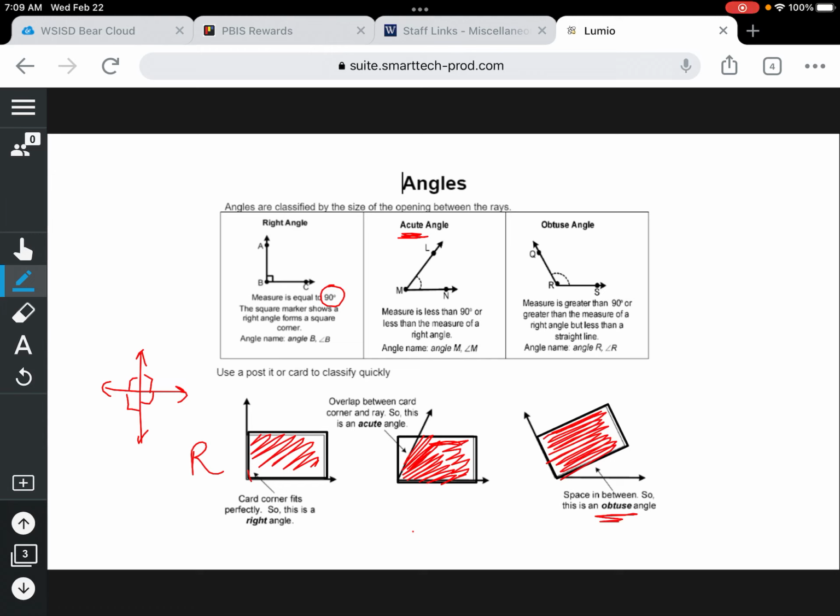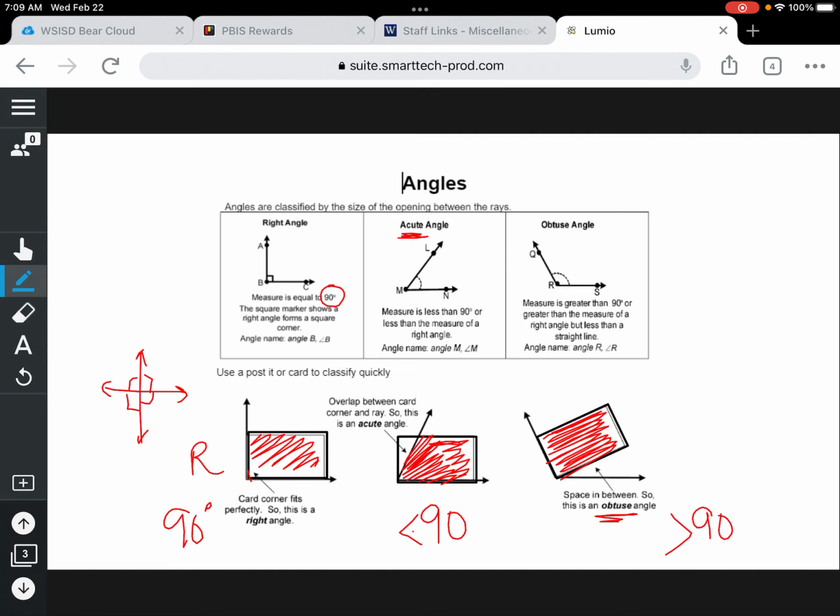So you still have a gap in an obtuse angle. The right angle is 90 degrees. The acute angle is less than 90 degrees, and an obtuse angle is any number greater than 90 degrees.